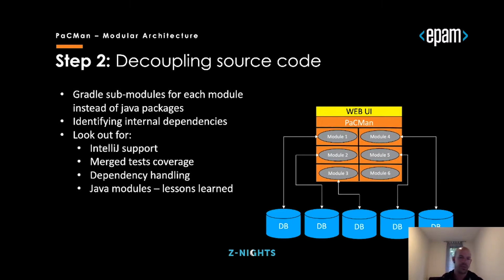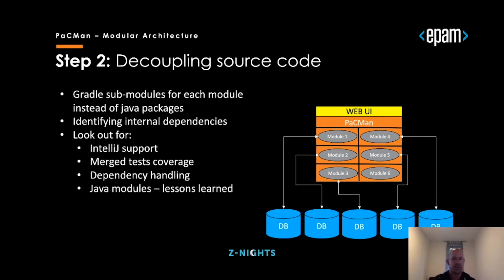Gradle submodules and Java modules. We went with the Gradle submodules, and we started to extract the source code into Gradle submodule projects with their own build Gradle files. I also added a look-out-for section, because we had some troubles with, for example, the test coverage reports.